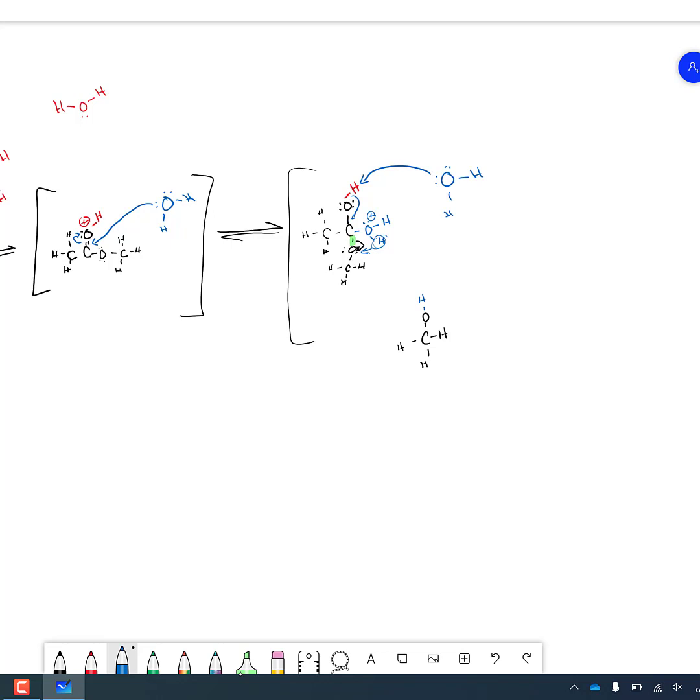Now up above, we have reformed our original hydronium, our original acid, by taking that hydrogen back off the top. And that has collapsed down right here back into a double bond.